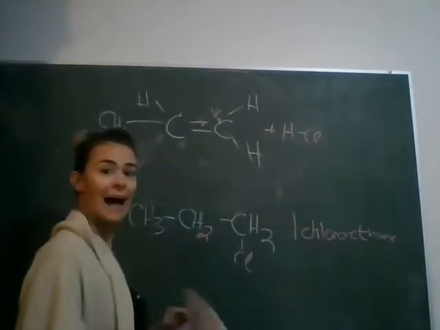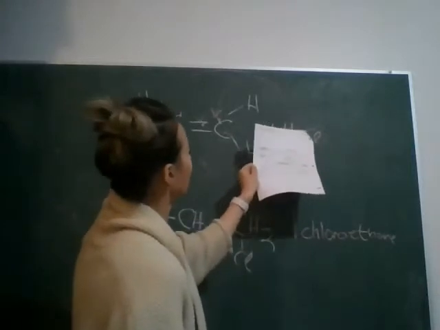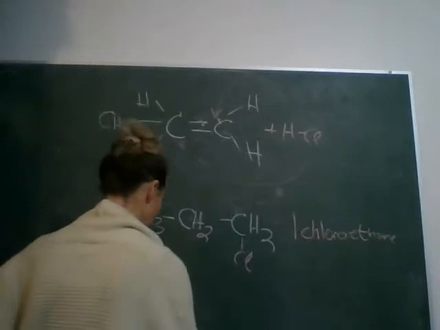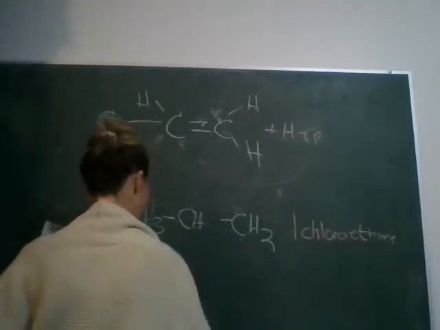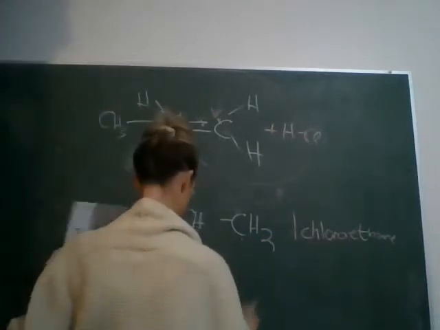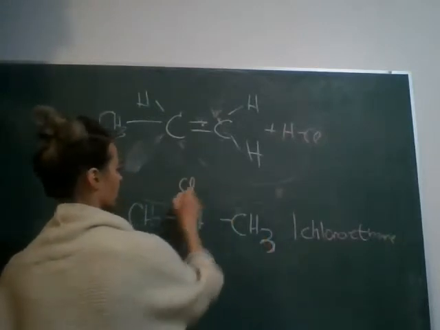Now, what happens if the chlorine went here and the hydrogen went here? So what we would get in that situation would look like this. So our hydrogen would go here, our chlorine would go here.